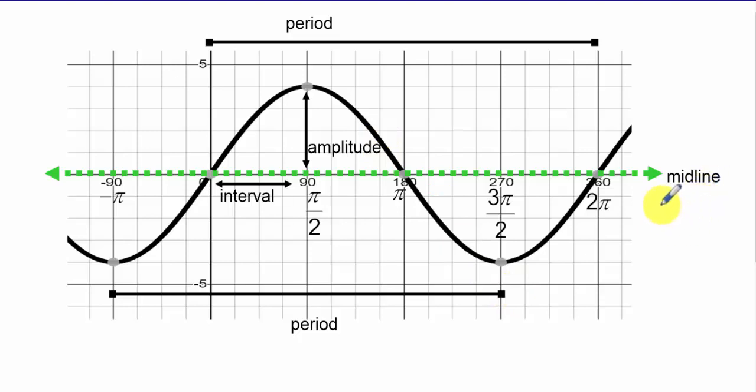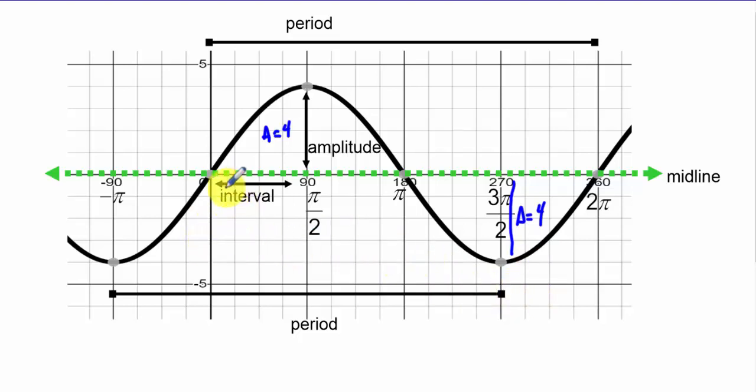It's not necessarily written in the graph itself, but you can find it by taking the difference of the high and the low and dividing by 2. From the midline to the high or to the low itself is called the amplitude. So in this case, we have an amplitude of 4, and it's 4 here and 4 here. Amplitude is a relative absolute value, if you will.